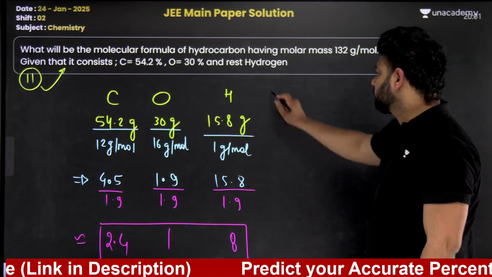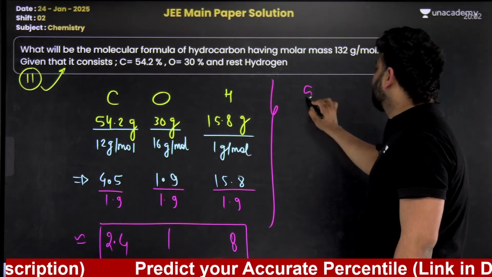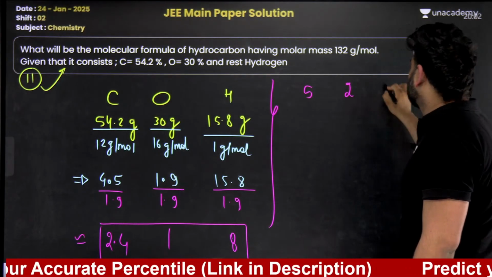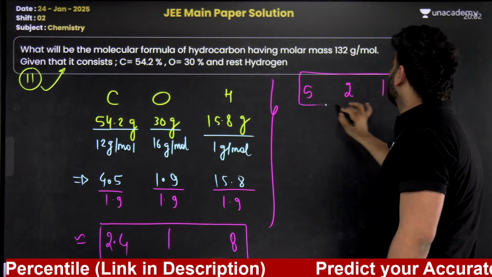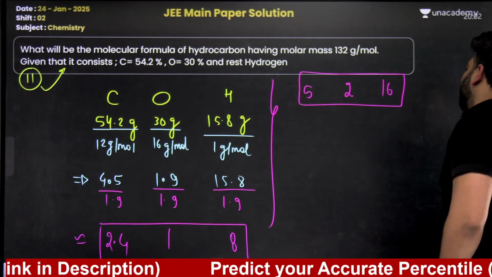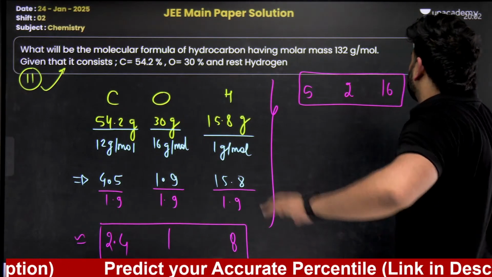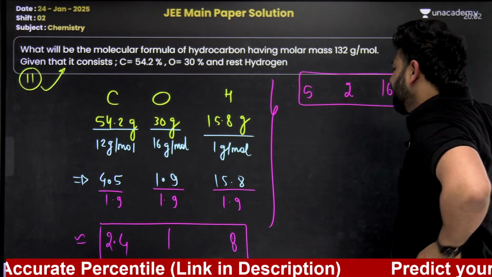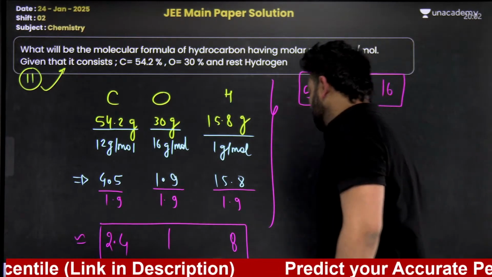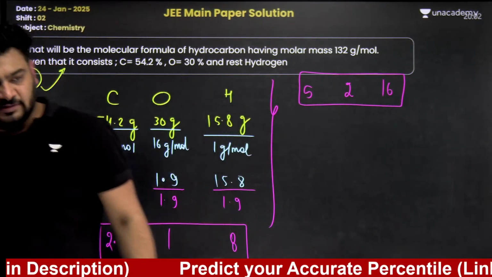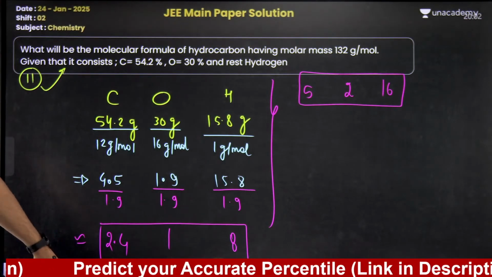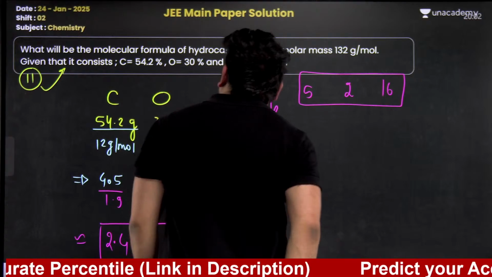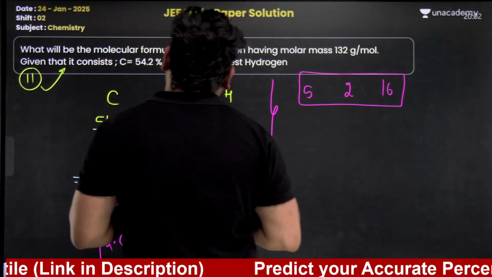So this could be like 5, 2 and 16. So C5. So many hydrogens are coming here. How come? Is something incorrect there? Let me cross verify this portion, or maybe some mistake could be there with the data given. See, 54.2 and then 30.